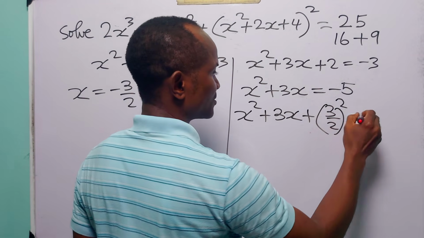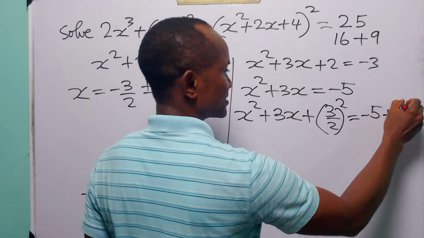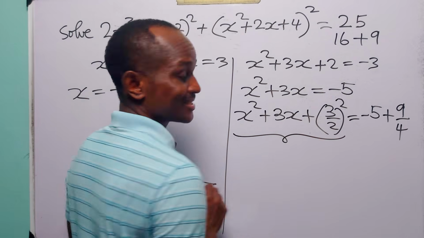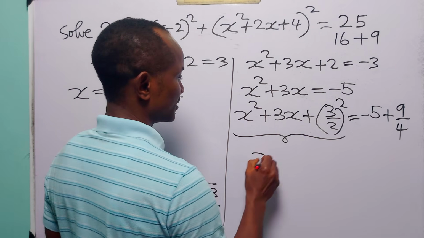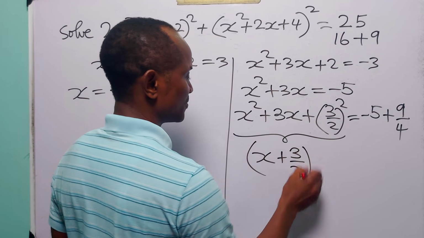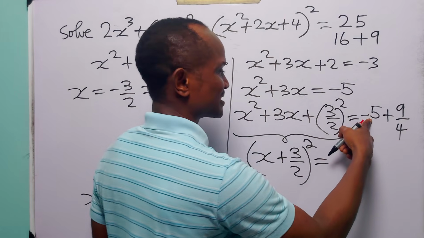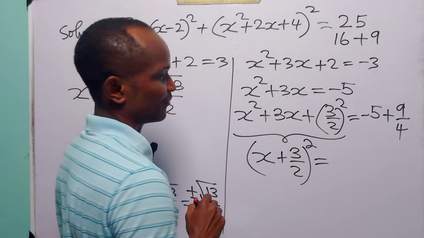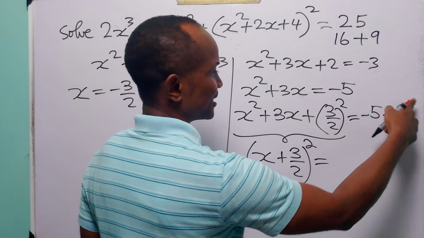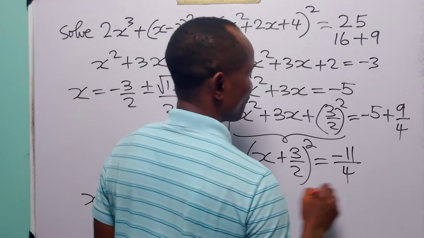This is equal to minus 5 plus (3 over 2) squared, which is 9 over 4. Now, this is a perfect square. We take 1x and we take 3 over 2 and we square. And this is equal to 4 times minus 5 is minus 20. Minus 20 plus 9 is minus 11 over 4.